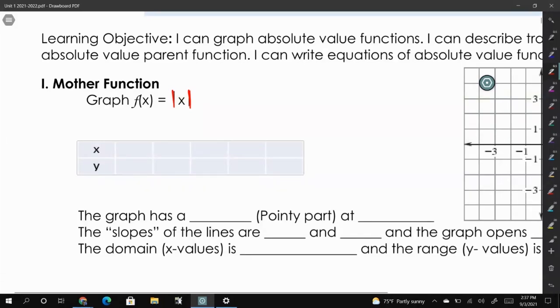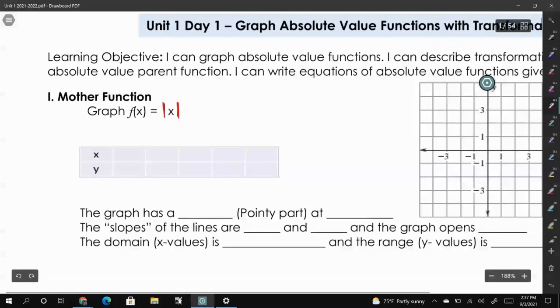So what we're going to do is draw a graph of the mother function or parent function, and our x values are going to be -2, -1, 0, 1, and 2. Our y values, well, the absolute value of -2 is 2. The absolute value of -1 is 1.